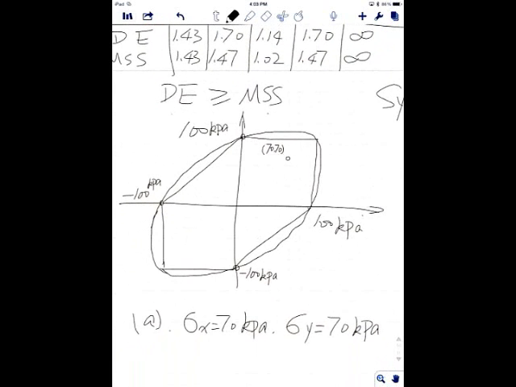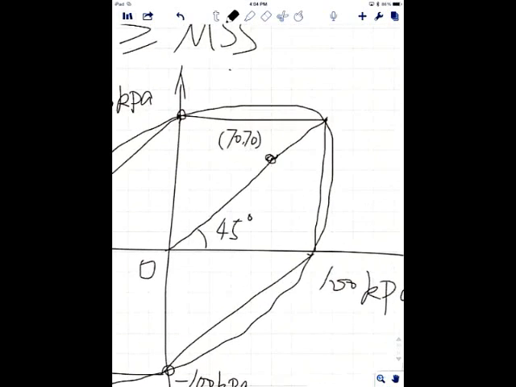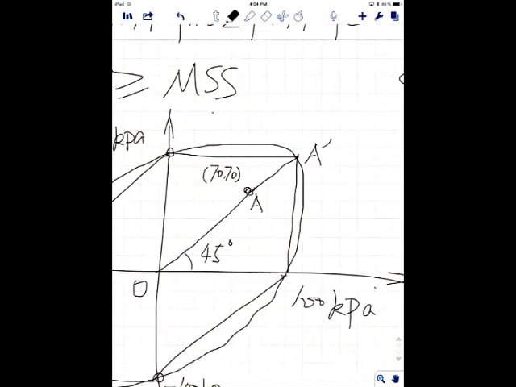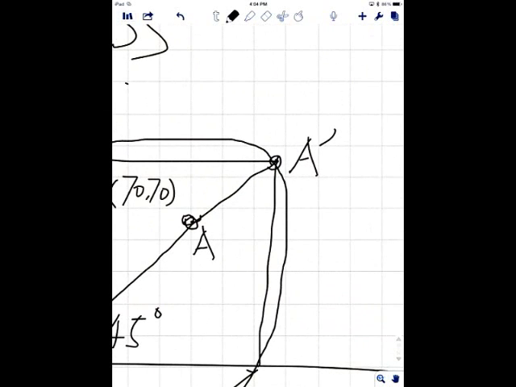Okay? Alright. Let's draw a line. And like we discussed, this case A is on the line of 45 degrees, right? Now, let me define 3 points: point O, point A, and point A prime. A prime is exactly this point over here.